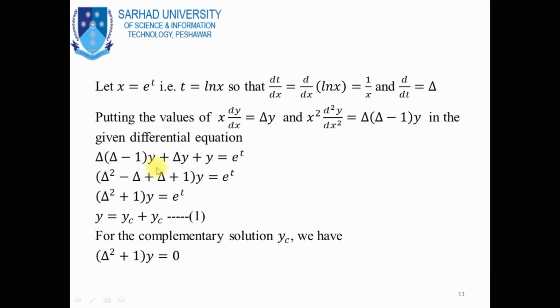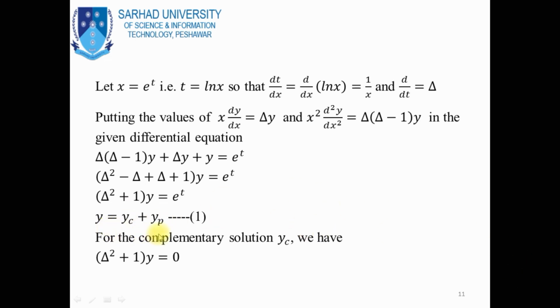Now multiplying, we obtain del square minus del plus del plus 1 into y is equal to e power t, and del minus del cancel, so del square plus 1 into y is equal to e power t. Now this is the non-homogeneous linear differential equation of second order with constant coefficients.